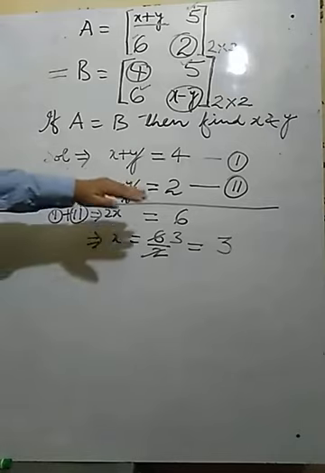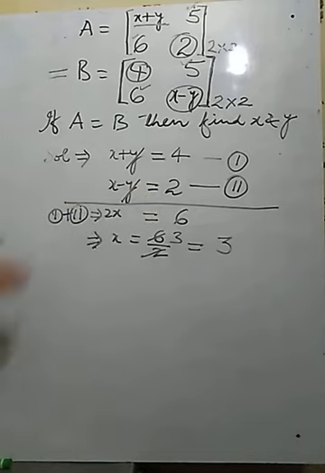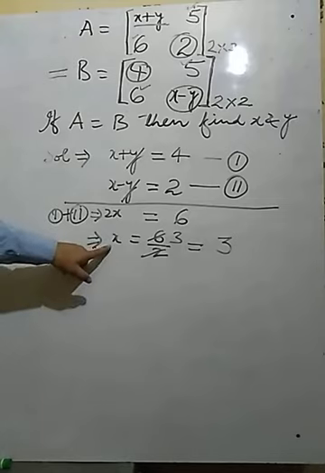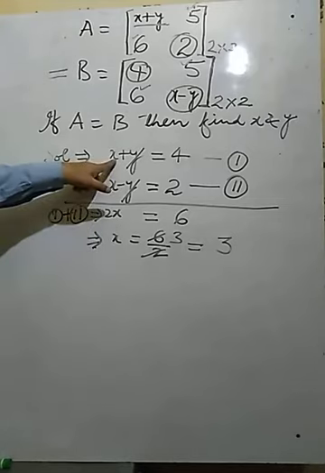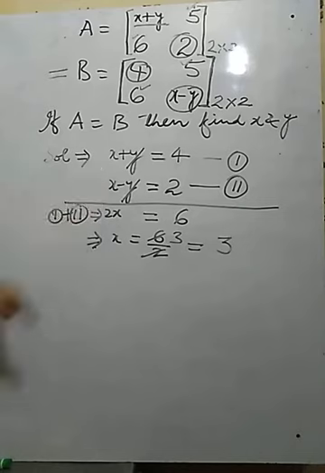If we subtract equation number 2 from equation number 1, then we will ultimately get the value of y. But that is a complicated case. You may leave that. You may save time by putting the value of x in either equation number 1 or equation number 2.